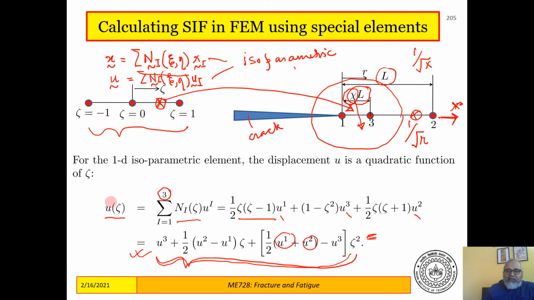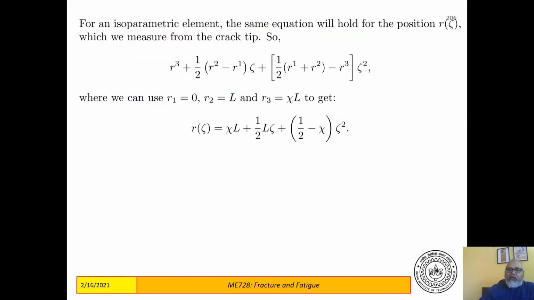So this exact quadratic polynomial would be valid for position as well. So this would be the position r of zeta of any point that is mapped from zeta.